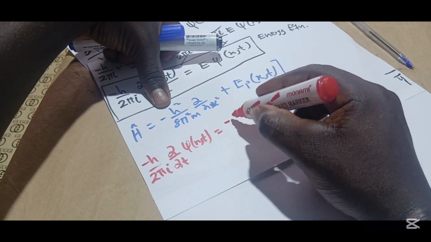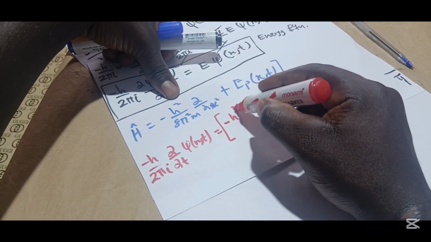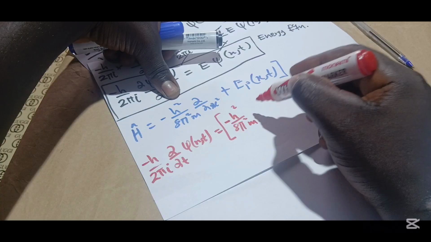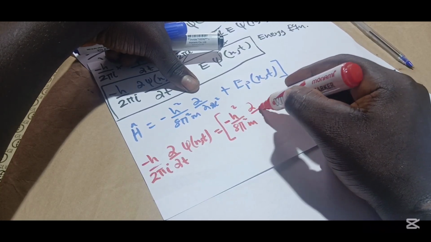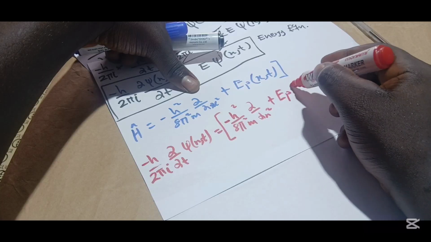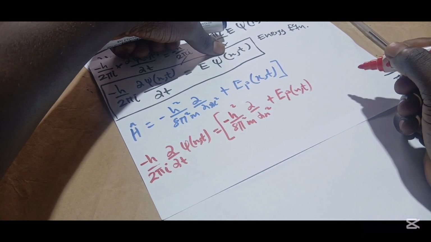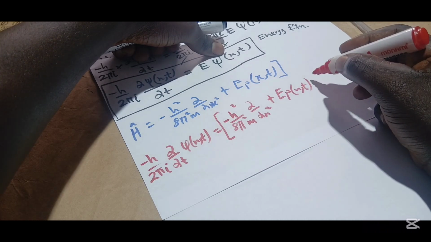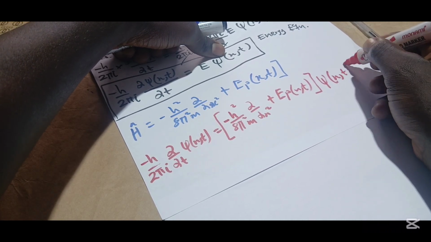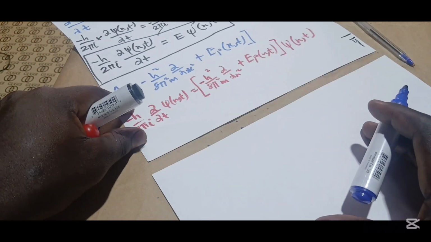So we are going to get minus h squared over 8 pi squared m, d squared over dx squared, plus EP, and then our wave function psi(x,t).